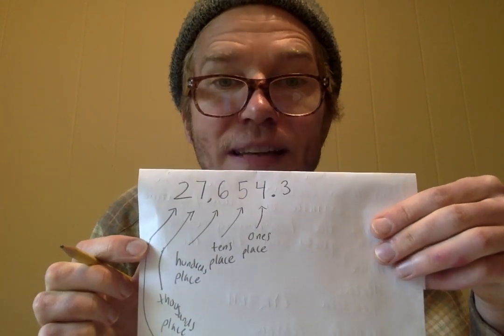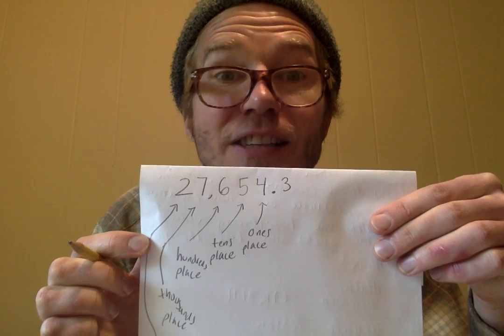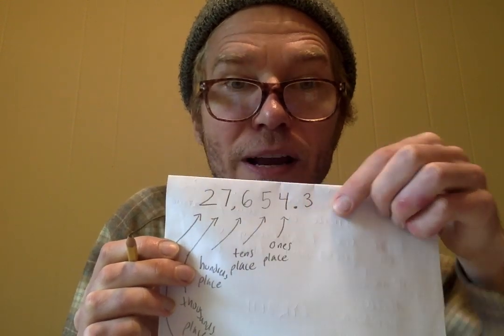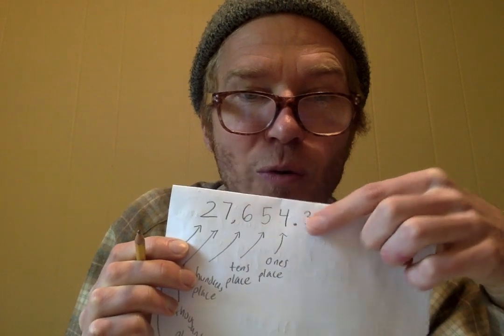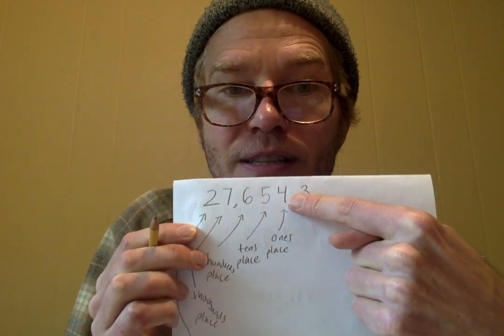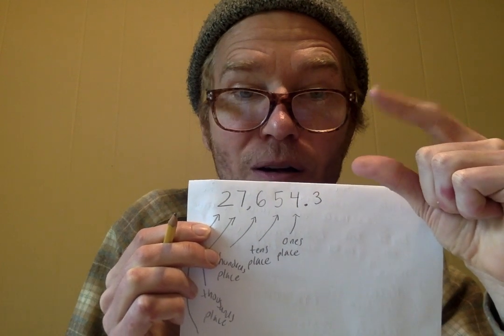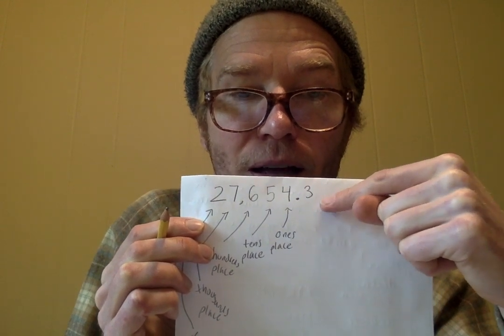And then you would say 27,654. Oh, and it keeps going. 0.3. So we're going to be talking about today how after the decimal point, which comes after the 1 spot, you can keep getting smaller and smaller and smaller. And it's linked to fractions.